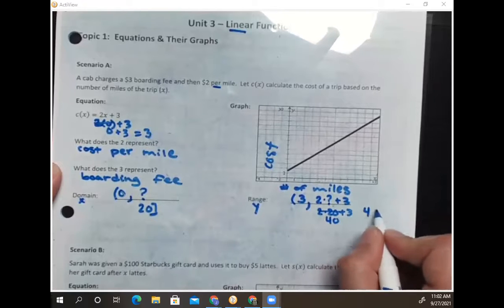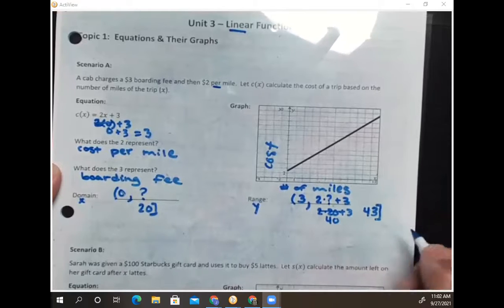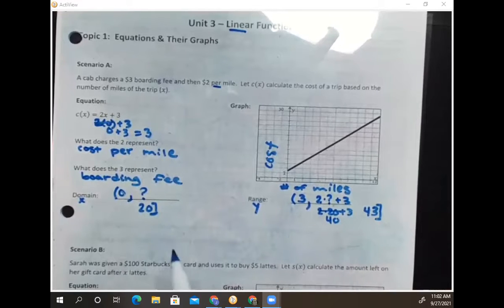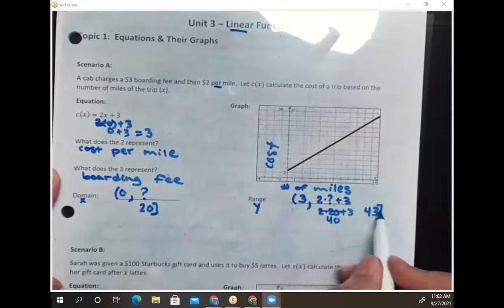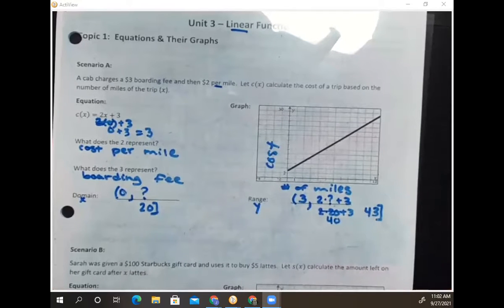So our range would end at 43. If my driver's only willing to go a maximum of 20 miles, then the biggest fare they can collect is going to be $43. Does that make sense? Okay. Questions for me on scenario A?